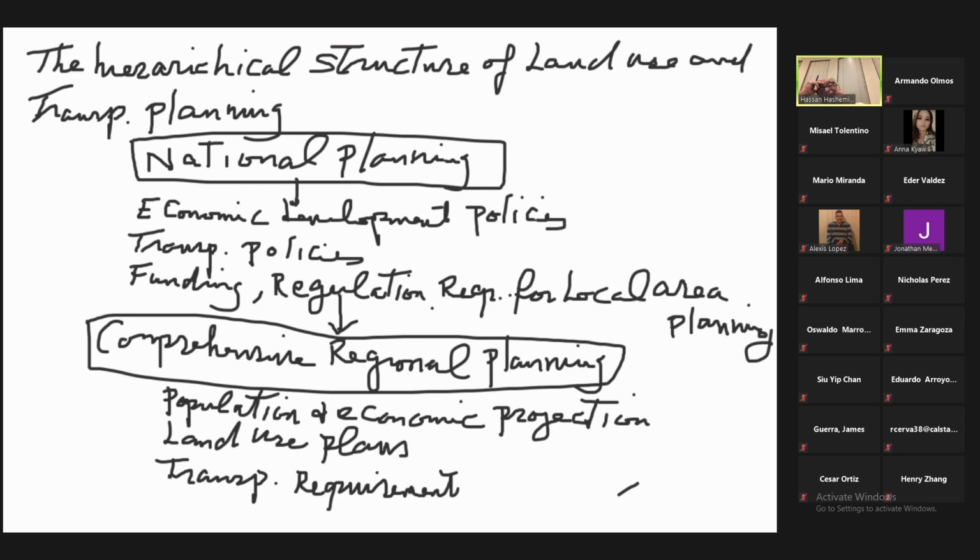Should we build, for instance, high-speed rail or not? Should we build more highways or not? So what should we do for the whole state? They are not looking at the country anymore. They just look at the state of California in this case. So they develop this comprehensive regional plan. Any question?